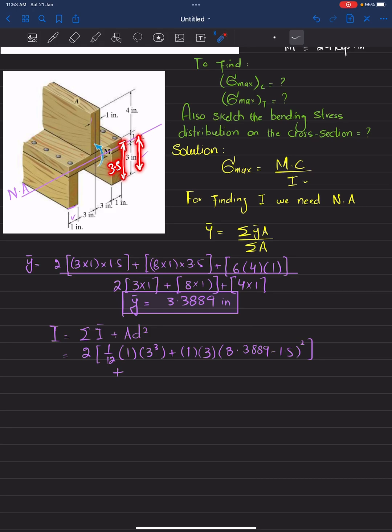If you subtract y dash, 3.5 minus 3.3889, you will get this d. This small portion is d. So I will write 1 over 12, 8 into 1 cubed, plus this area, 8 into 1, times 3.5 minus 3.3889 whole squared, plus the moment of inertia of the third portion.